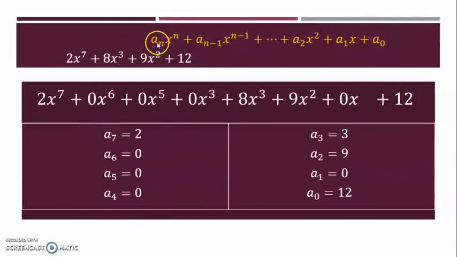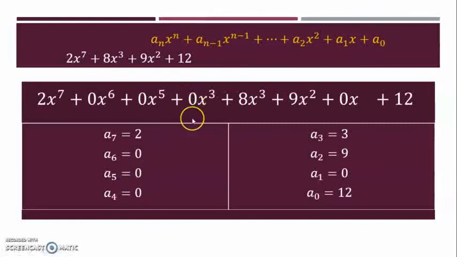So if we write a7 x to the power 7, the coefficient of the x to the power 7 term is 2. Then we have a6 x to the power 6, and a6 is 0. Then a5 x to the power 5, where a5 is 0.